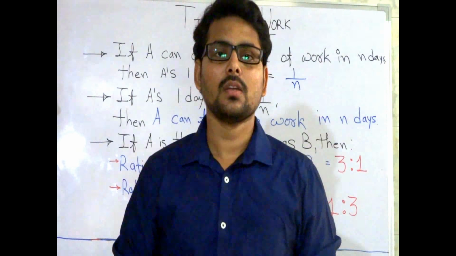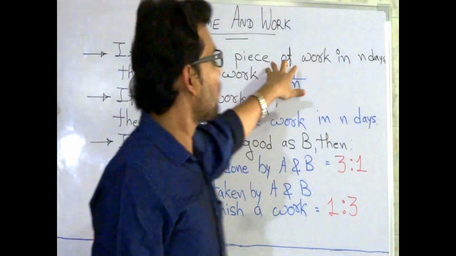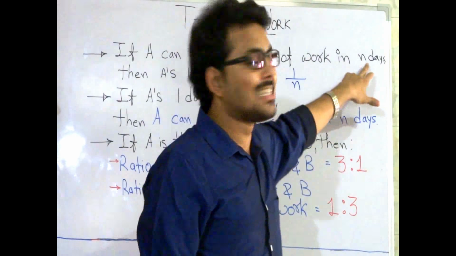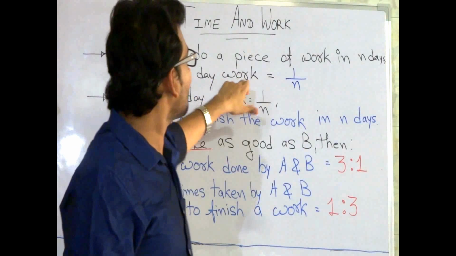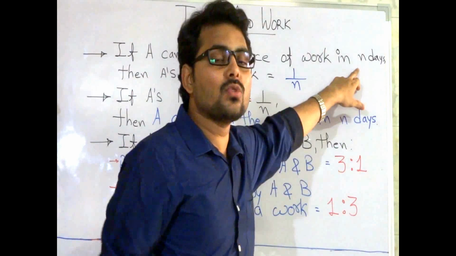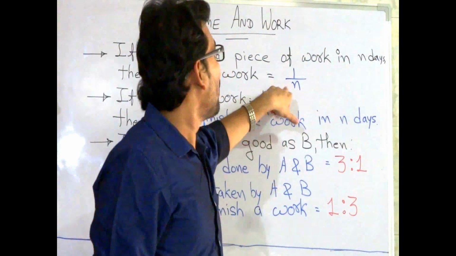So the student can do a piece of work, that is 9 chapters, in 3 days. Then the student's 1 day work is 1 by n. Here 1 by n is 1 by 3, because he is reading those 9 chapters in 3 days.